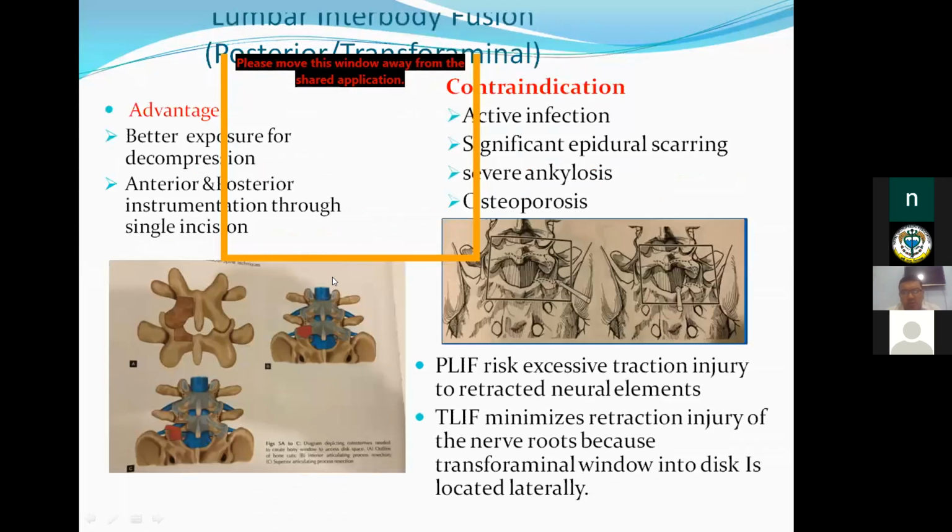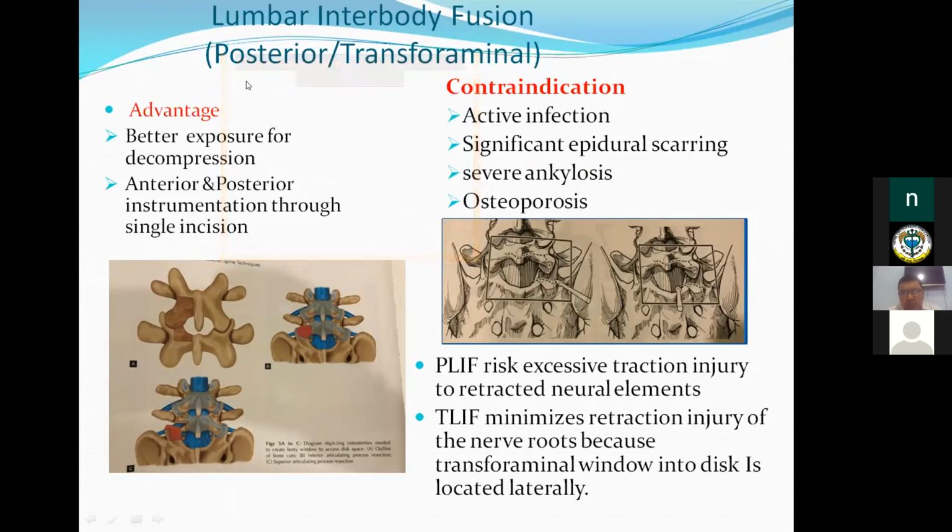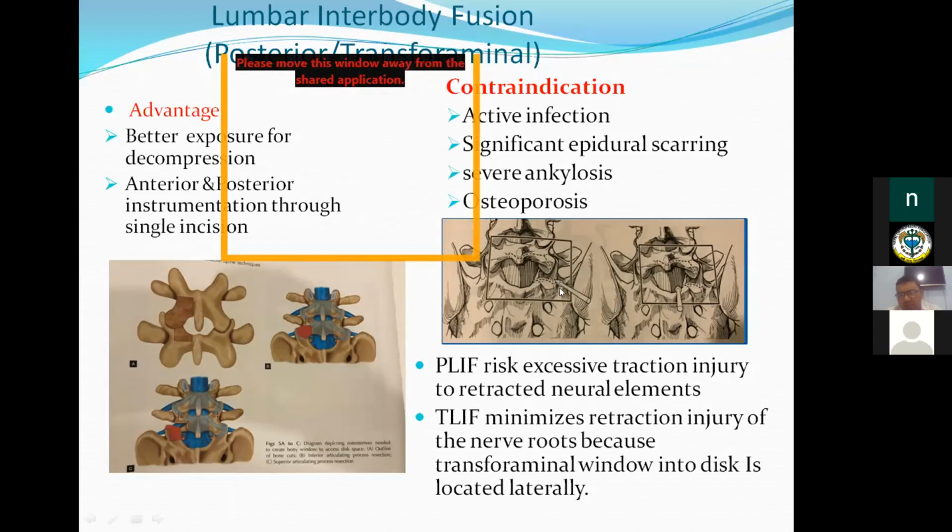In the lumbar spine posteriorly, we can do the posterior PLIF or transforaminal TLIF, but TLIF is advantageous because the transforaminal window is more laterally located, so there is less dura and nerve root retraction and fewer chances of neural injury.